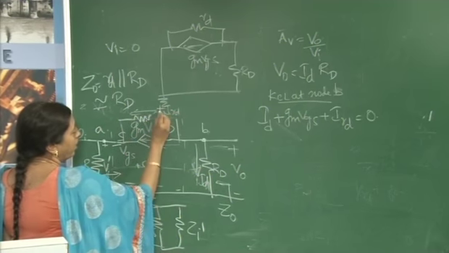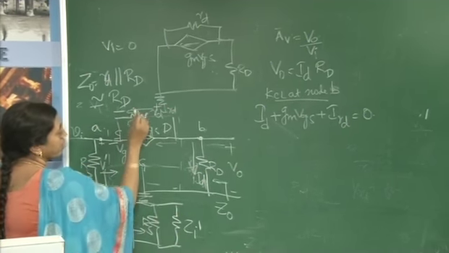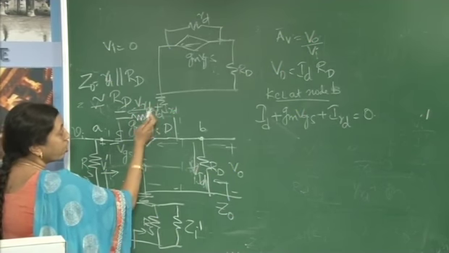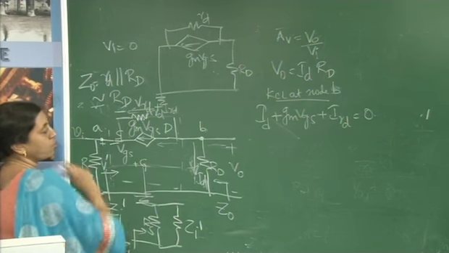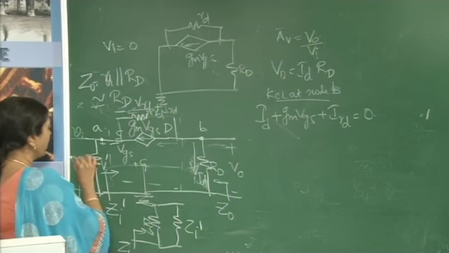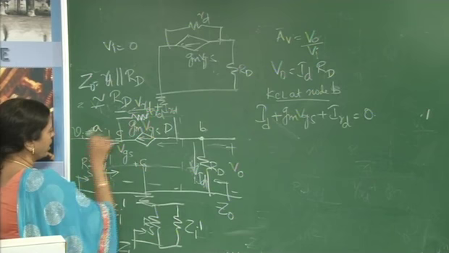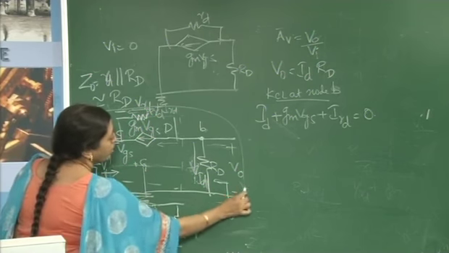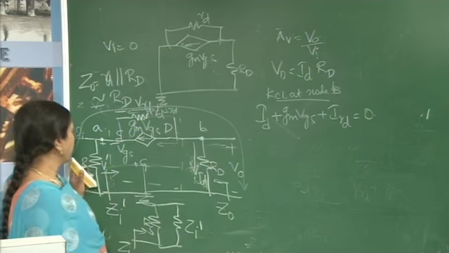Now, the polarity of voltage drop across rd is indicated here because the direction of flow of current will be from higher potential to lower potential. Now, I will express Vrd in terms of Vi and V naught. To do that, apply KVL to the outer part of the circuit.